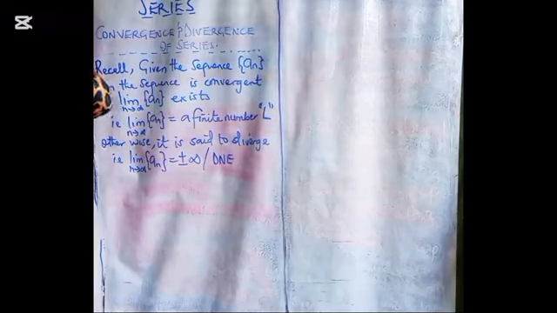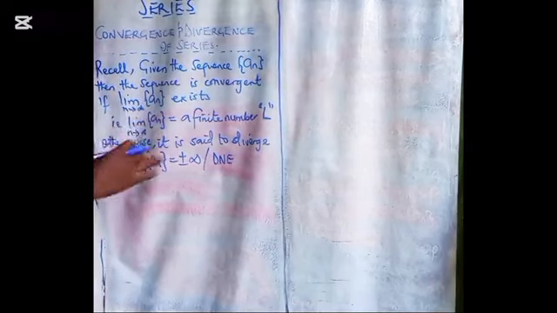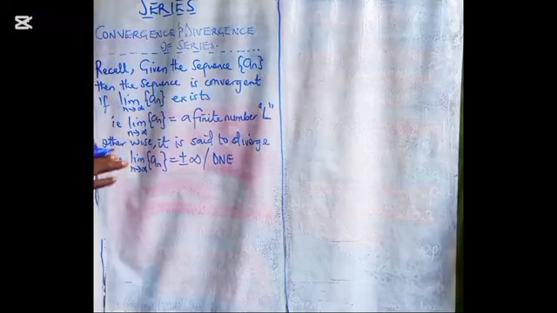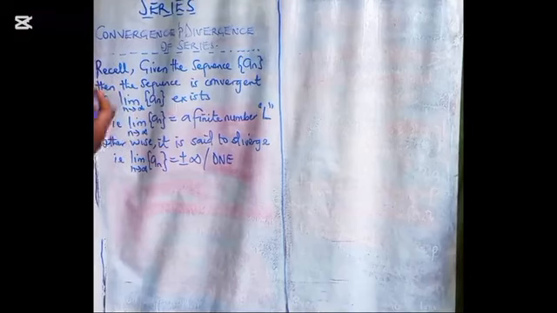Is said to diverge. In order to recall our knowledge of limits, because in working on convergence and divergence of series, we'll be trying to recall some of the concepts of limits which we have learned before.